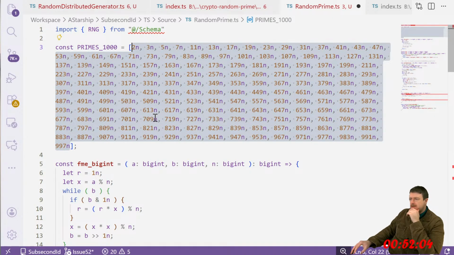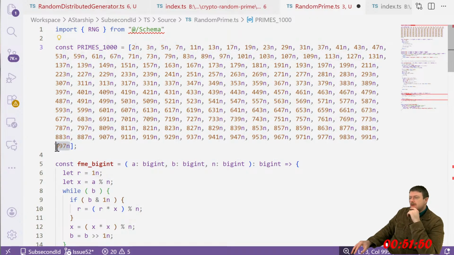He's got all these values as a big int. I have to run this algorithm over and over again. All these values are going to be 10 bits, so we're just going to convert them to hex.